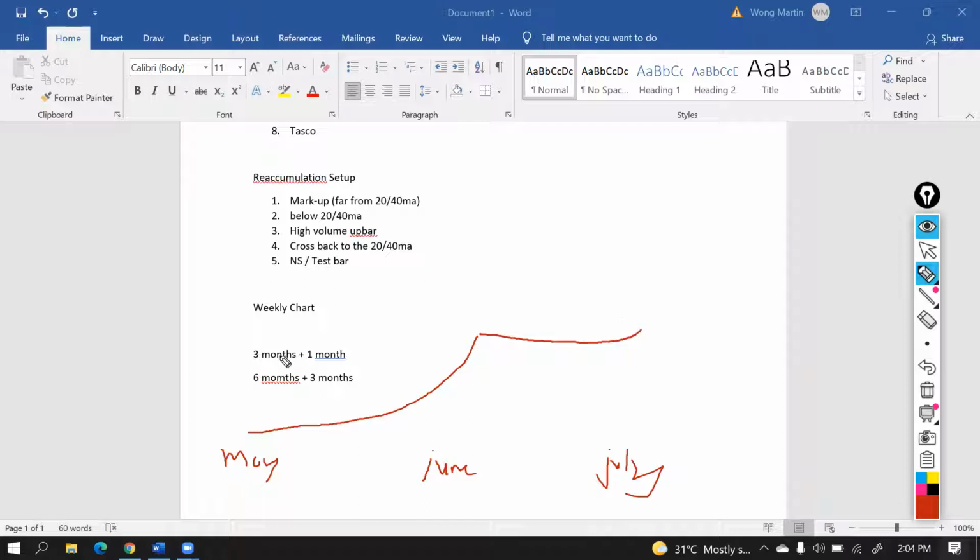So most of the time, for the past 3 months, maybe the price has gone up 50%, and for the past 1 month, probably it just moved 10%. From here you know these stocks had a very strong background previously, they went up, and now for the past 1 month they have been slowing down. So the chance of getting a reaccumulation is very high.